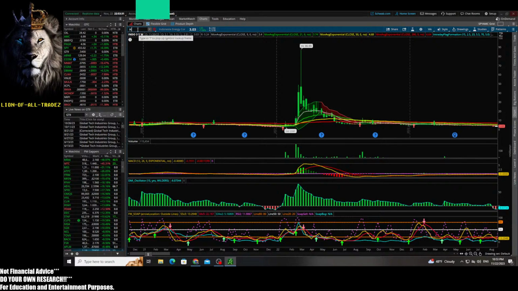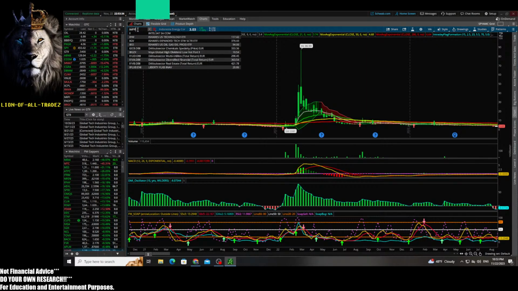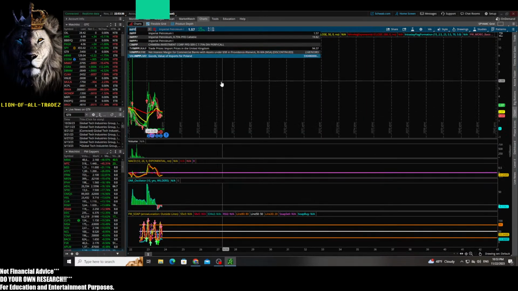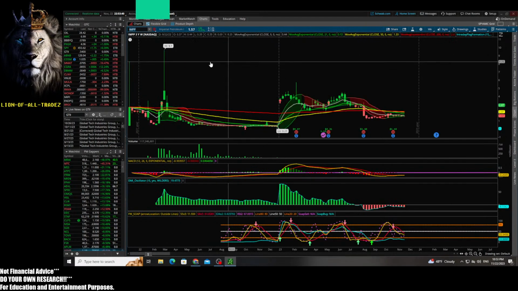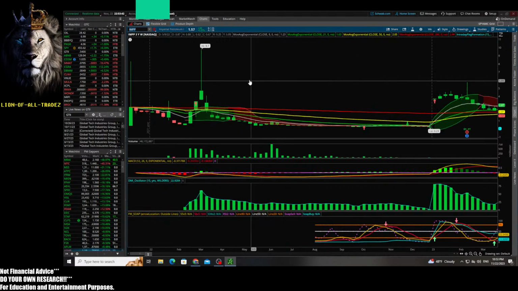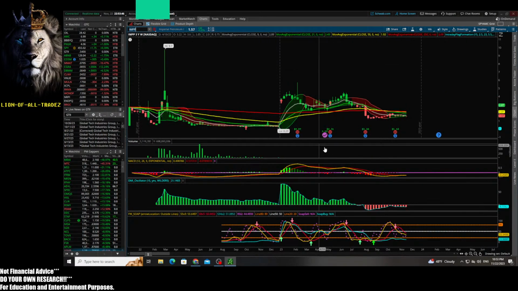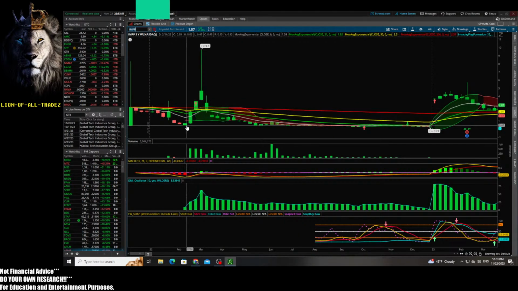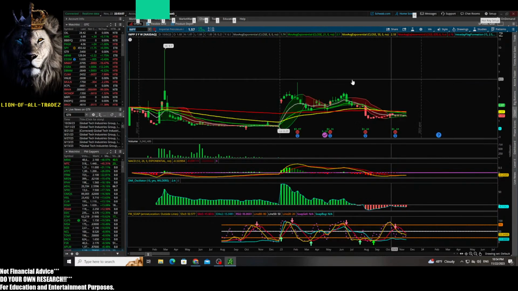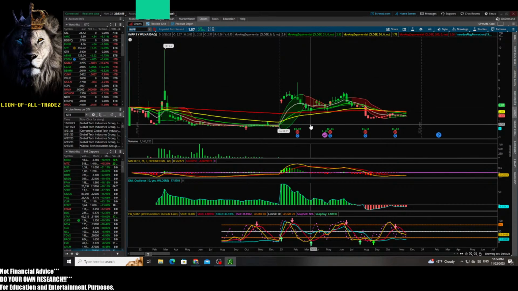And then you have IMPP. I don't know why that makes me laugh. IMPP. Okay, I think my settings are a little different here.